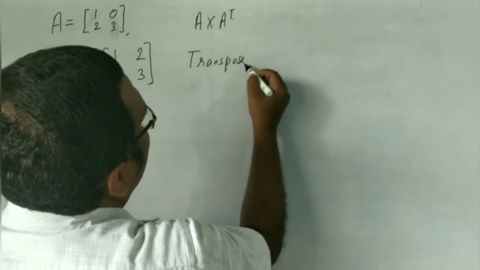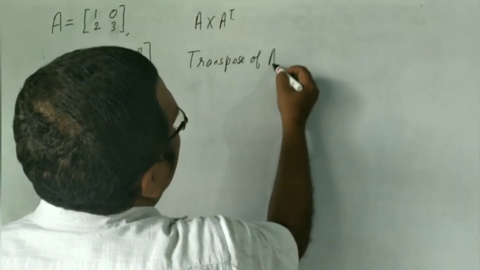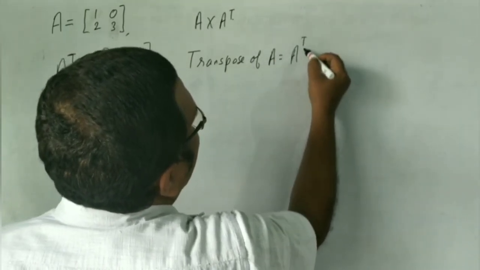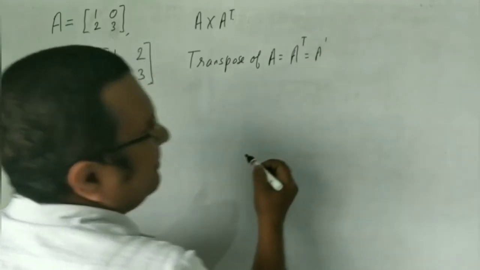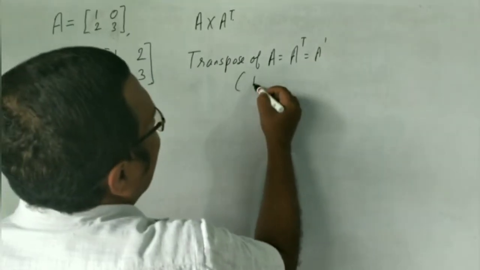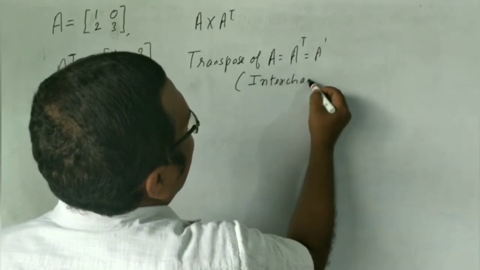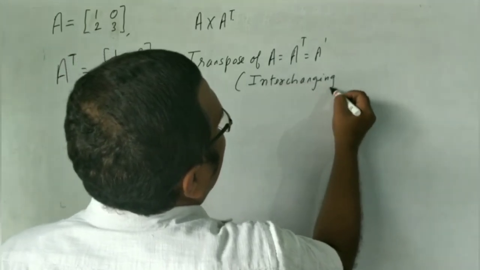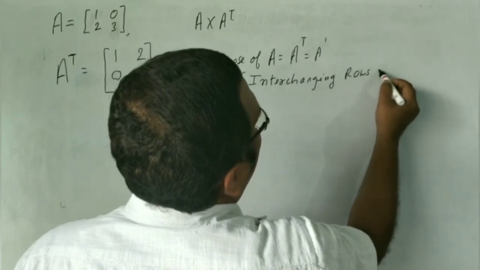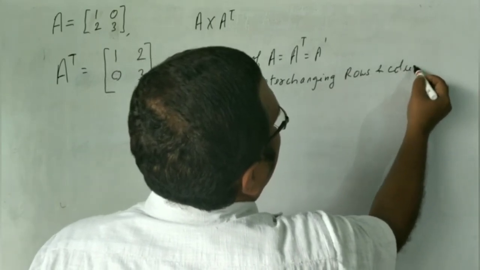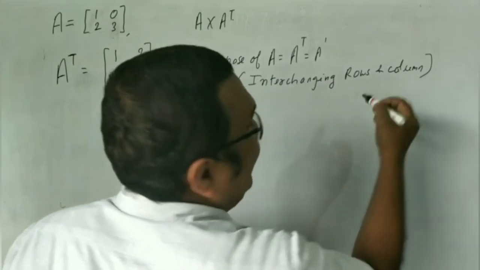Transpose of A is represented either this way or this way. It's simply interchanging. The assignment I have given this.